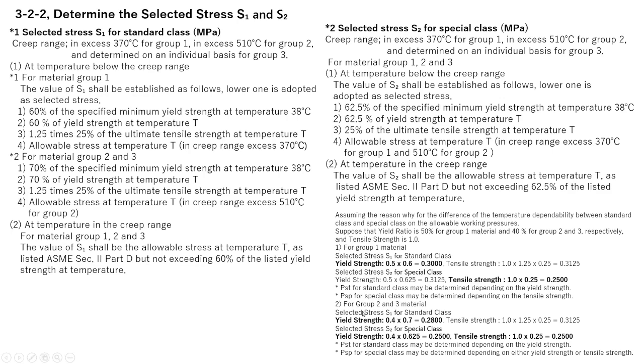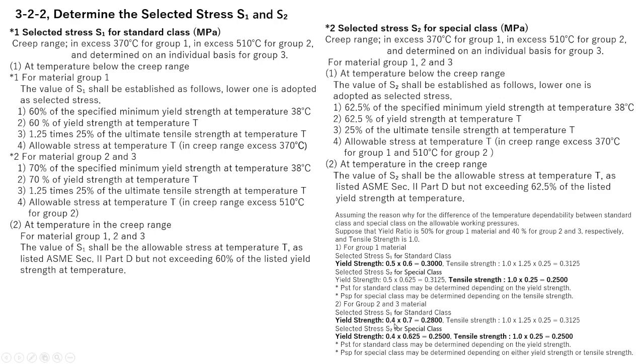So for group 2 and 3 material, selecting strength S1 for standard class. Yield strength, 40% of the yield ratio. So 0.4 multiply, so standard class for 70% of yield strength.